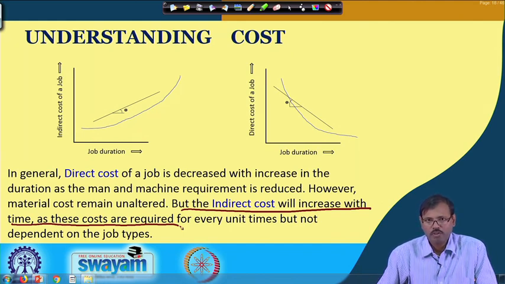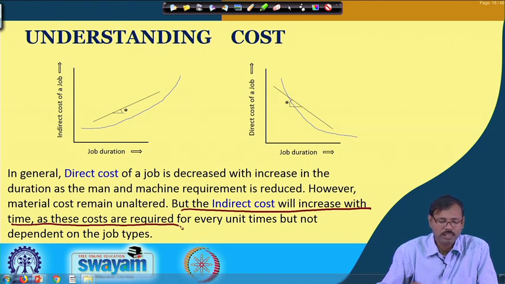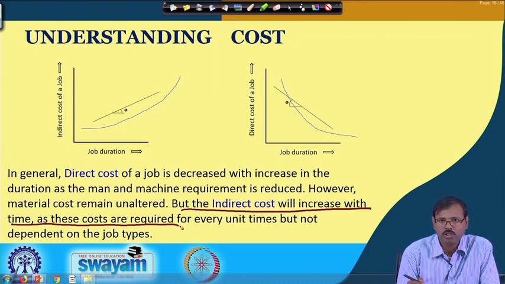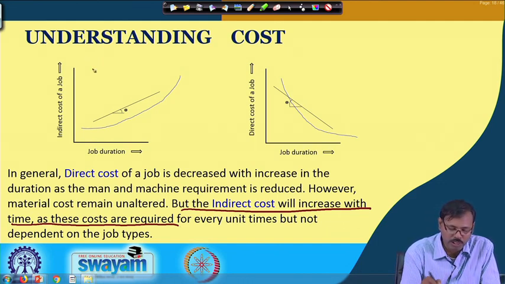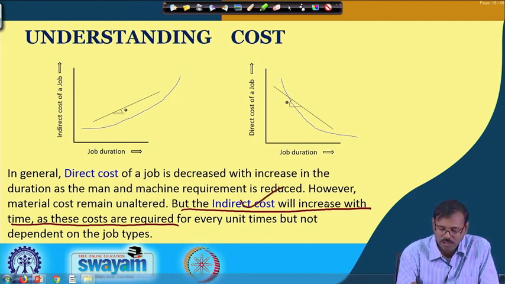Suppose you are producing 1000 bolts per day from a lathe machine, and now you do not have demand, so you produce 200 bolts per day. That means for 1000 bolts you take 5 days, so you have to deploy your security, switch on the night lighting for 5 days, and pay the rent for 5 days. Those are the requirements, and that is why indirect cost increases with time.